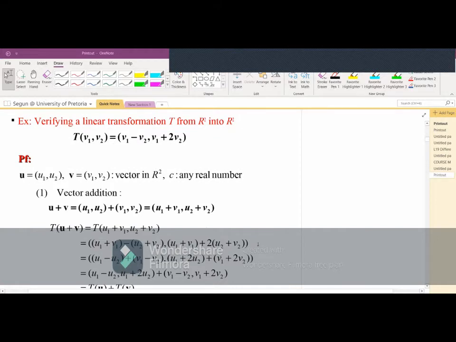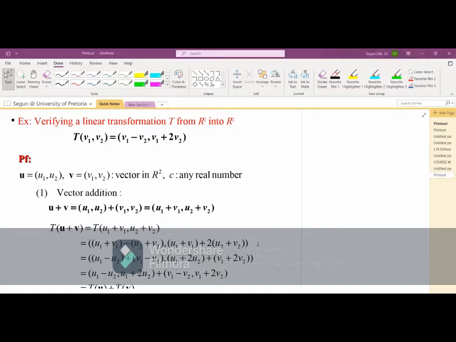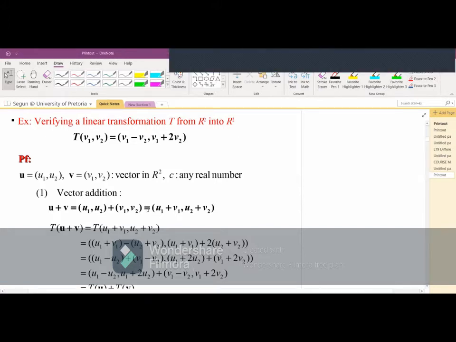So linear transformation T is from R2 into R2. Now, what does this mean? They already give you that we are working in a space of 2. So what we need to do is just to work with that as much as possible. Let me share another one so that I can write conveniently for you guys.